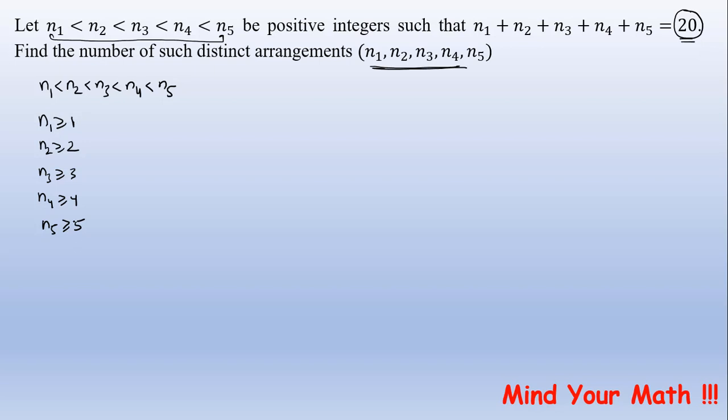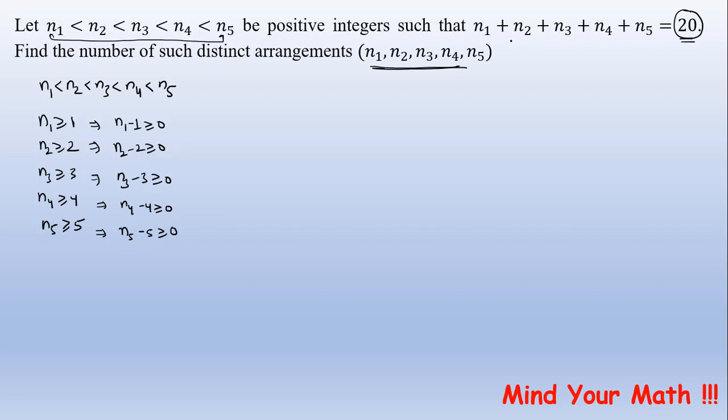Now from this you can see we have n1 minus 1 greater than or equal to 0, n2 minus 2 greater than or equal to 0, n3 minus 3, and so on. These are the conditions we have.